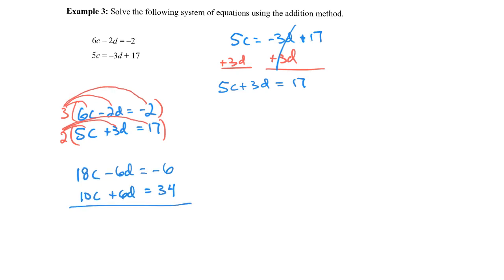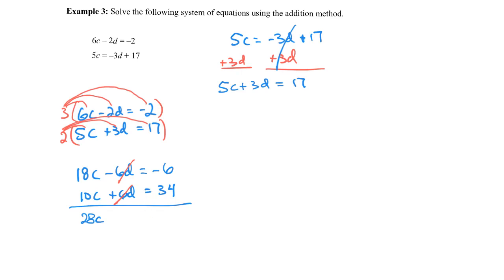So then at this point, the addition method, right, we're going to add these columns. I'm adding 18c plus 10c, that one's pretty easy, 28c. Negative 6d plus 6d, well, we purposely chose those because we know they'll cancel. Now remember, I still have an equal sign.